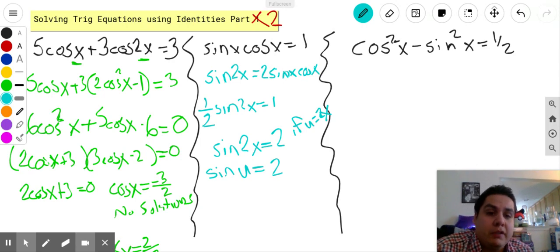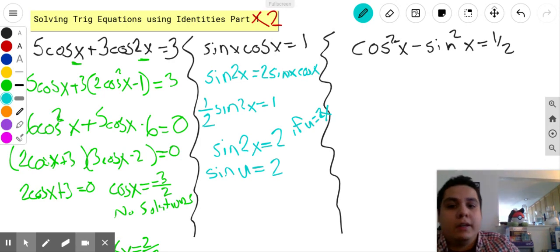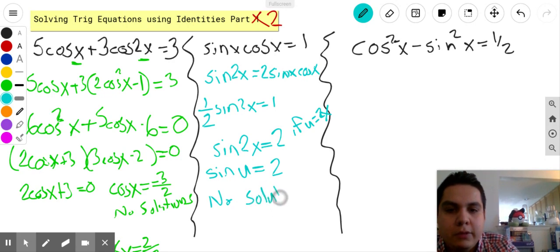However, like I previously stated, sine and cosine have very similar ranges. They both go from -1 to +1 unless they're transformed, in which case this has no solution because sine will never equal a 2.